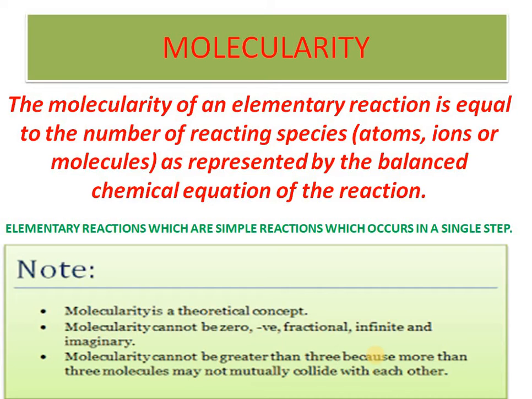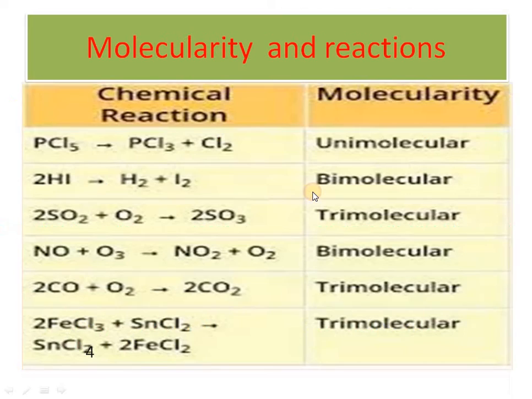Four molecules coming from different directions and colliding at the same point has a very low probability. That's why molecularity cannot be greater than 3, because more than 3 molecules may not mutually collide. So this word "mutual" is important, like "simultaneously". This part you should be very clear on, and you should introduce this word in the definition.